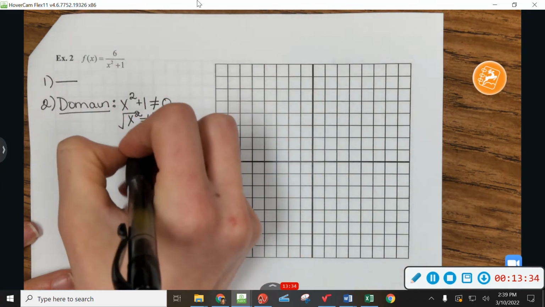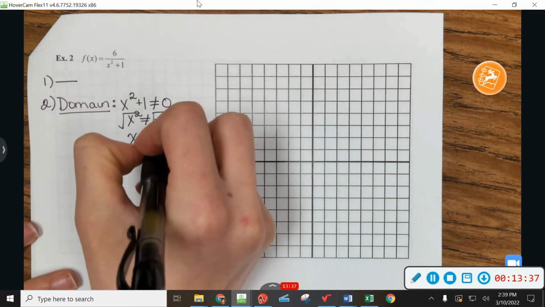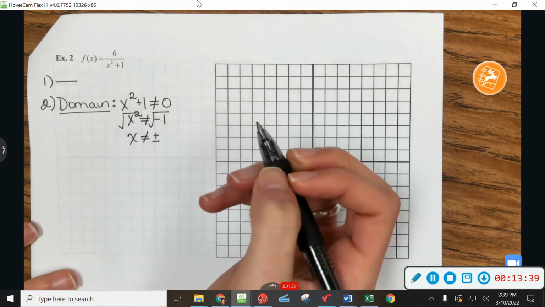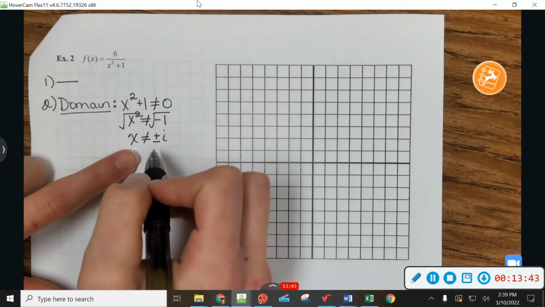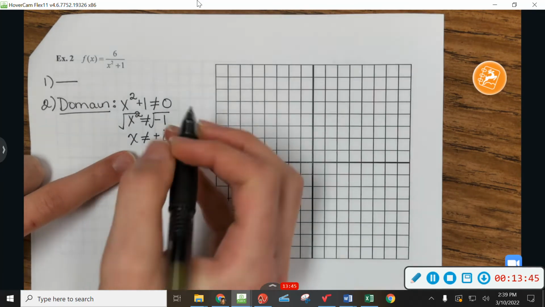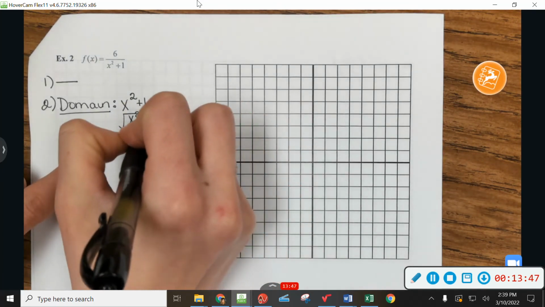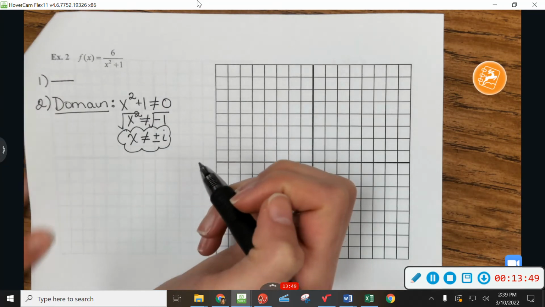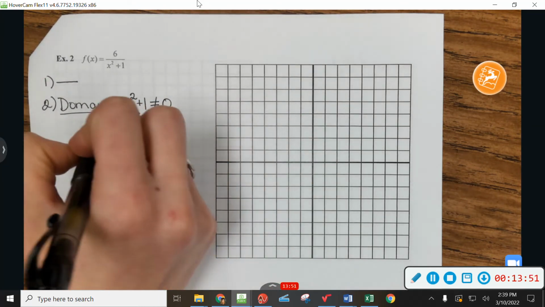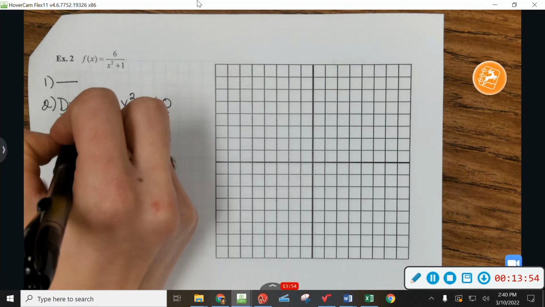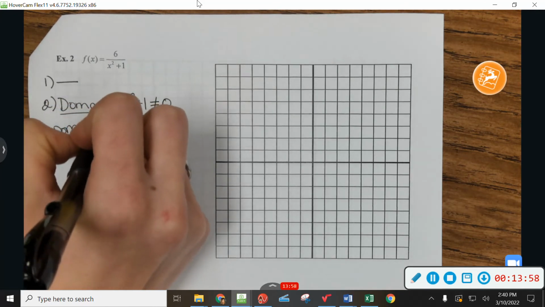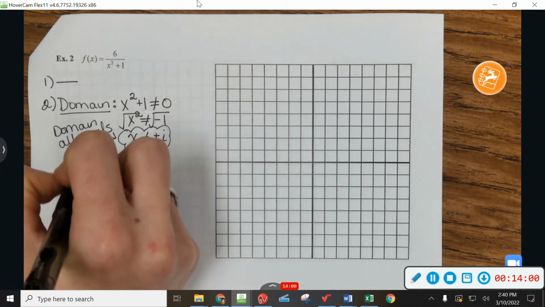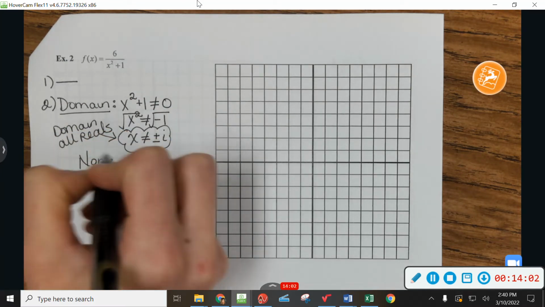What happens whenever you take the square root of a negative 1? It's just i. So this is telling me that x cannot equal an imaginary number. So because the only restriction is it cannot equal an imaginary number, that domain is all reals. So that's telling me there are no restrictions.